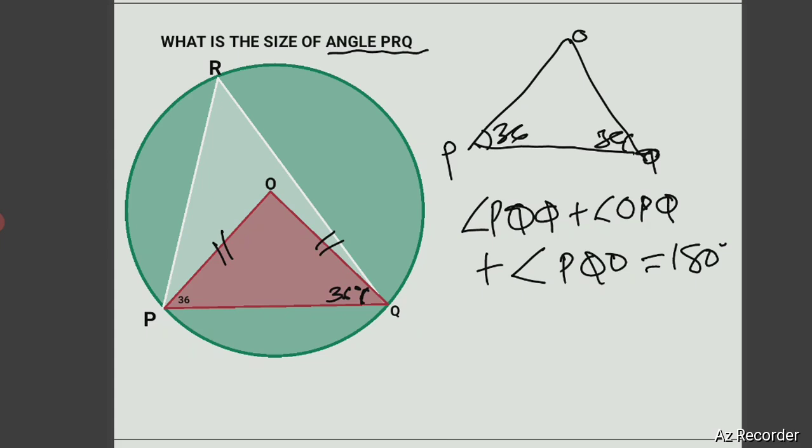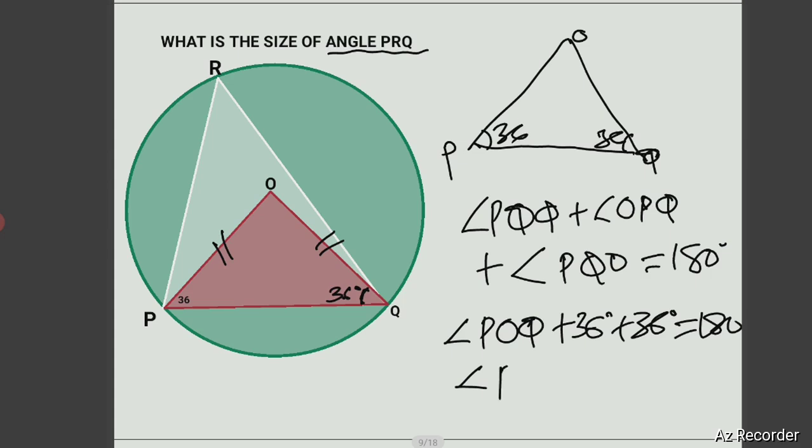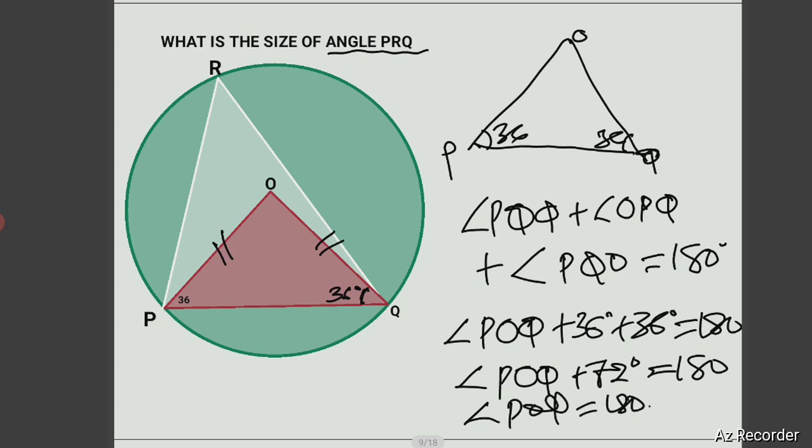So that is telling you that the sum of a triangle is 180 degrees. Therefore, angle POQ plus 36 degrees plus 36 degrees is equal to 180. So angle POQ plus 72 degrees is equal to 180 degrees. So the value of POQ will now be 180 minus 72 degrees.